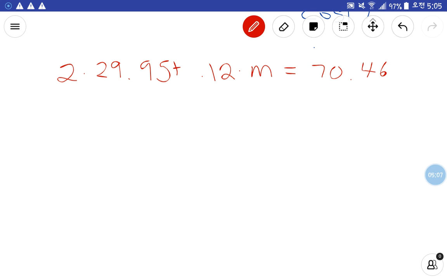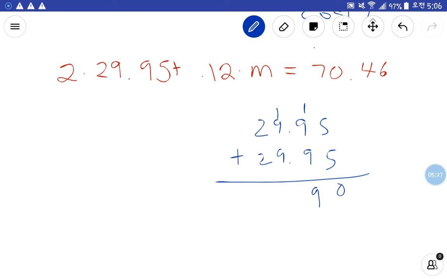How can we solve this equation, guys? First, you have to multiply $29.95 times 2, which you can do by just adding them up twice. Then you get $59.90.